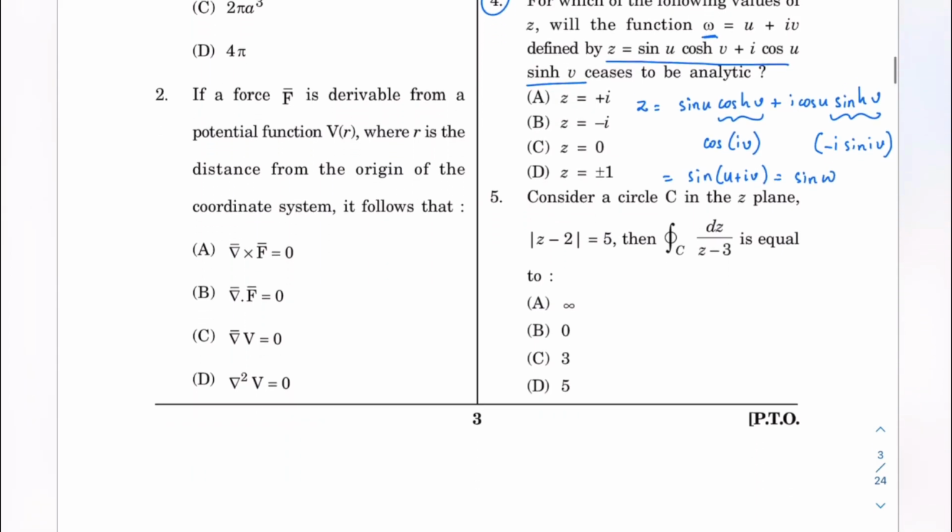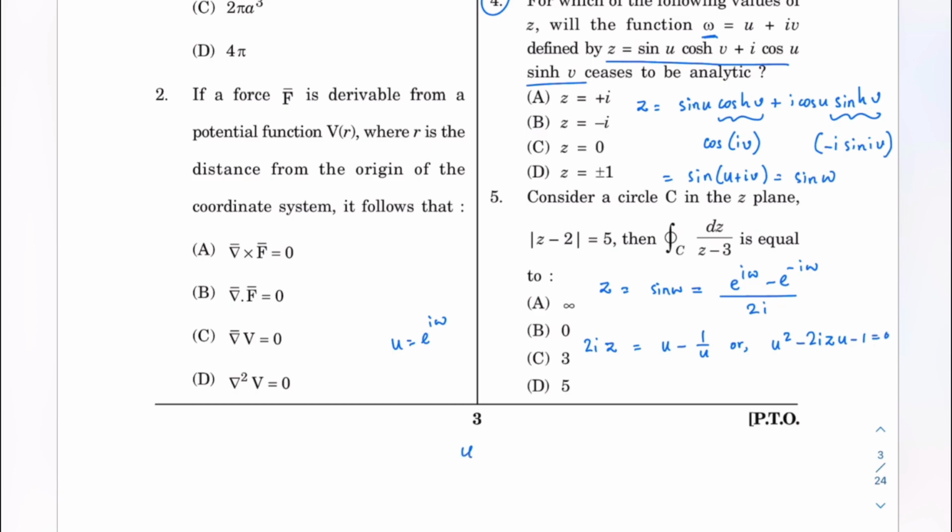Now we have to invert this. z is equal to sine of w, which is equal to e to the power i w minus e to the power minus i w divided by 2i. Take u to be e to the power i w, and this is equal to 2i z is equal to u minus 1 by u, or u squared minus 2izu minus 1 is equal to 0.